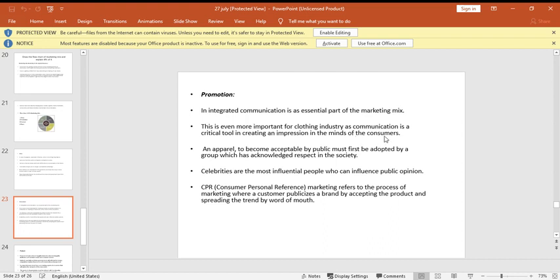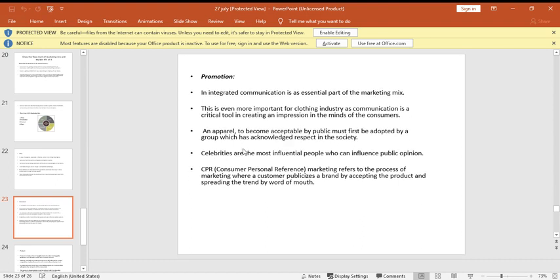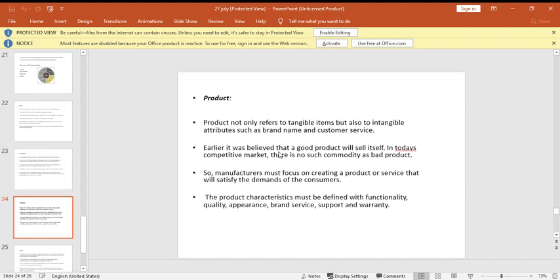An apparel, to become acceptable by the public, must first be adopted by the group which has acknowledged respect in society. That is, promotion is nothing but giving the advertisement.